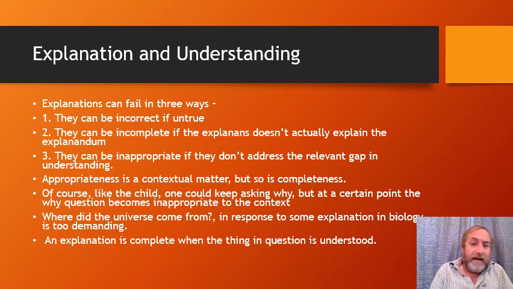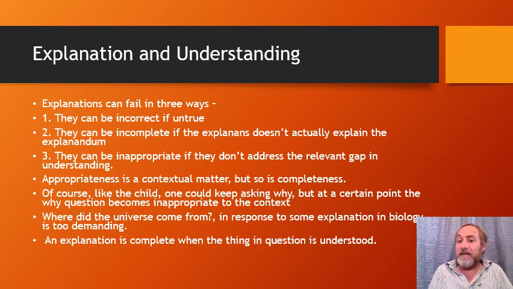Now, that can be context relative. So, in the context of a couple of physicists who do want to argue over the gravitational constant, then that could be appropriate. But I think it's inappropriate if you're simply trying to explain to me why staplers go down instead of up. So, when is an explanation complete?